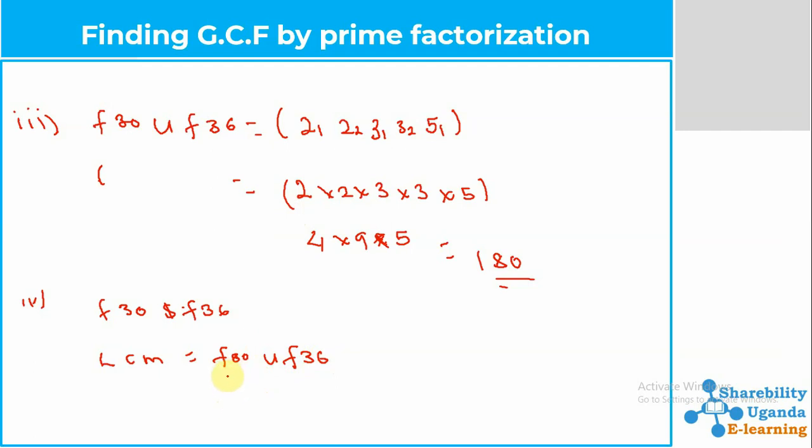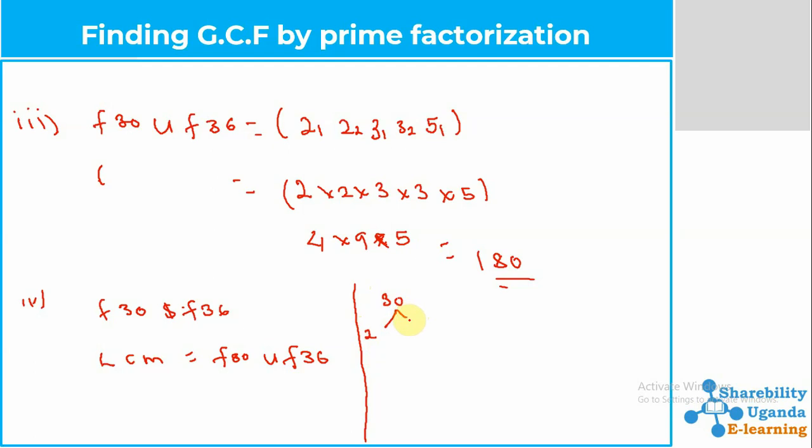So we shall get the same answer as we got from the other side. However, we can get the prime factors of 30 using our tree factor method.